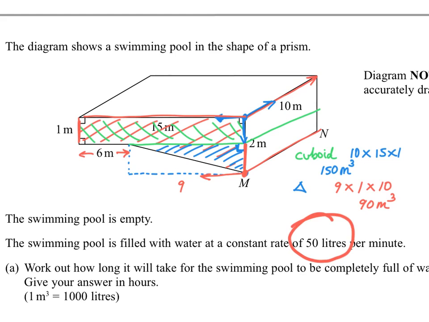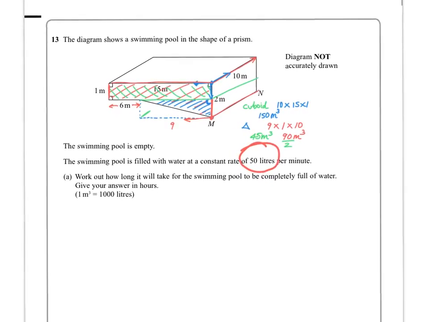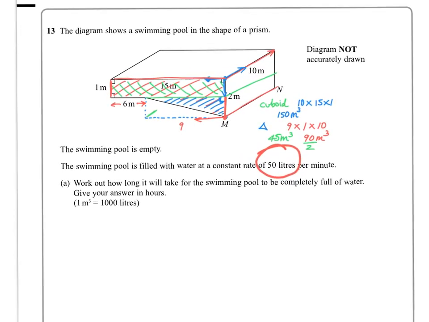But now make sure that you halve this value, because for the triangular part we wanted to halve what the cuboid would have been. Okay, so we need 45 meters cubed for the triangular part. So adding those together would give us 150 and 45 is 195 meters cubed.